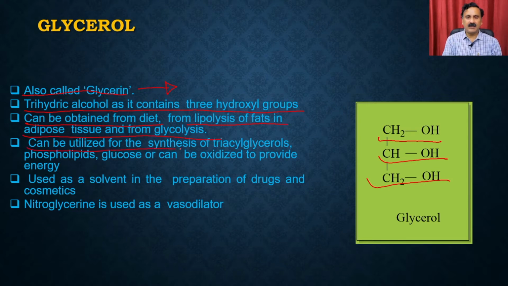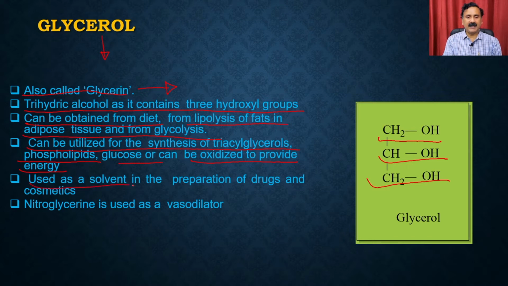It can be utilized for the synthesis of triglycerols, phospholipids, glucose, or can be oxidized to produce energy. So glycerol can be taken up directly into different metabolic pathways, and can even be converted into glucose to produce energy.